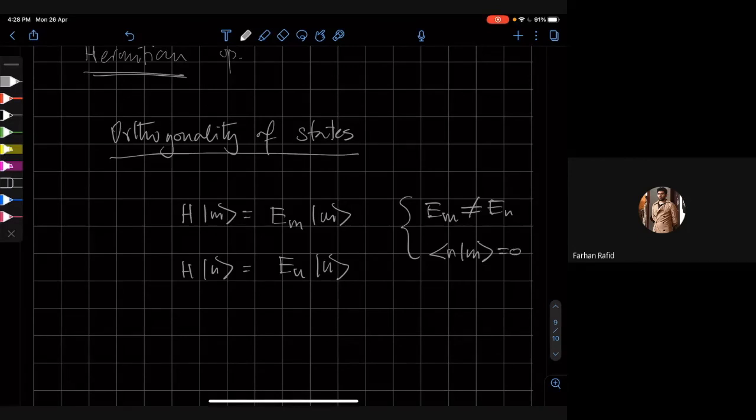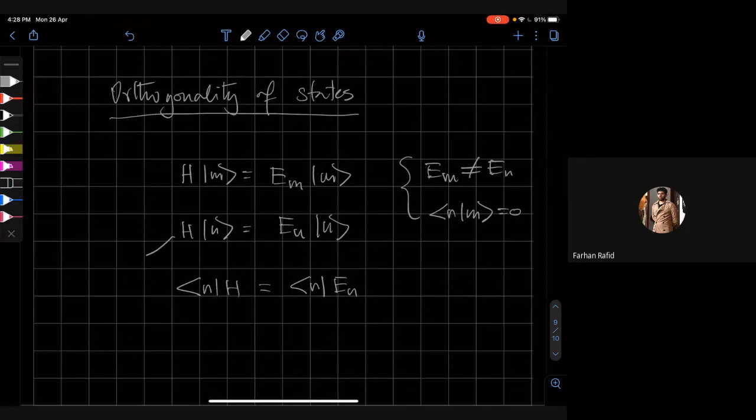So how do we do this? From the second equation, we can take its Hermitian conjugate, and because H is Hermitian, we just get H here, and we get n E_n here. En is real, right?